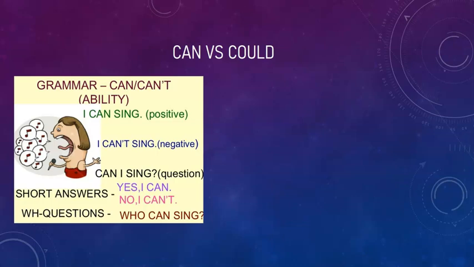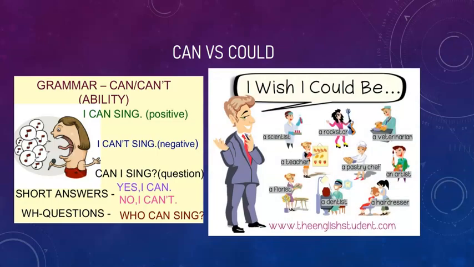Could, on the other hand, is used for past ability or polite requests. For example, I could swim when I was 5, or it can be used in a polite request: Could you please pass the salt? So, can we use for present or future ability, and could for past ability or for more politeness.